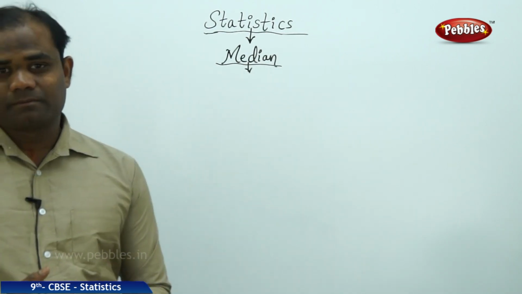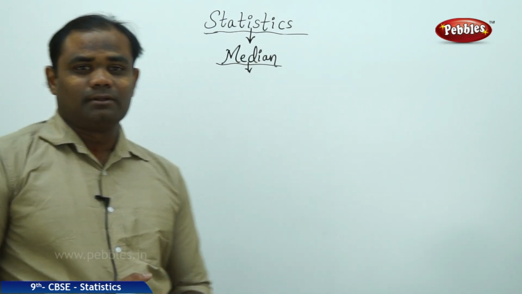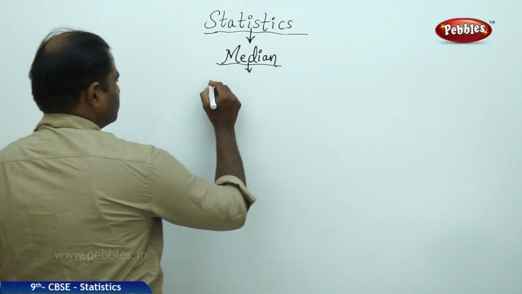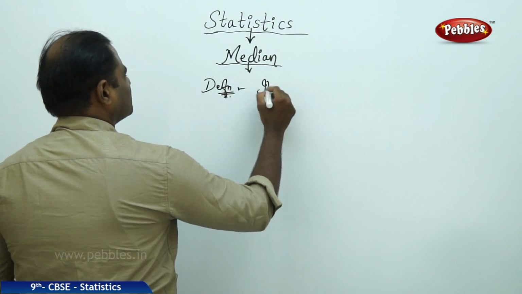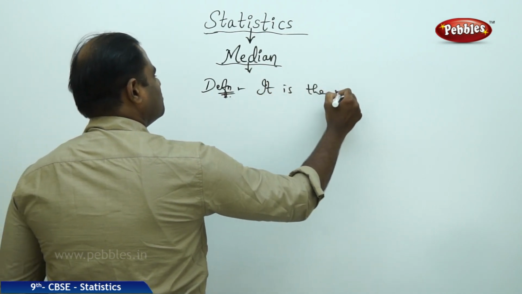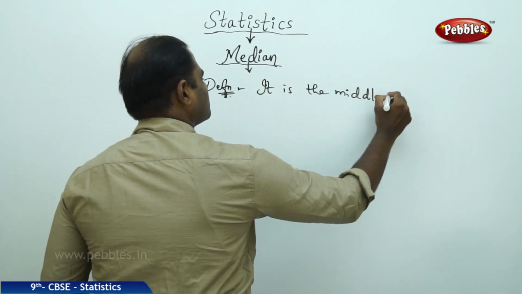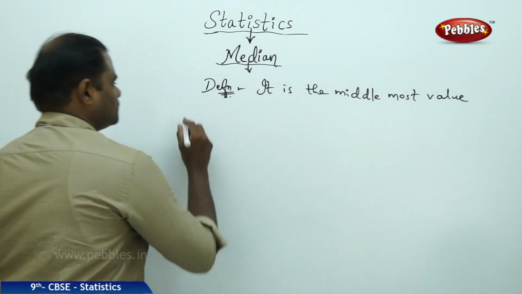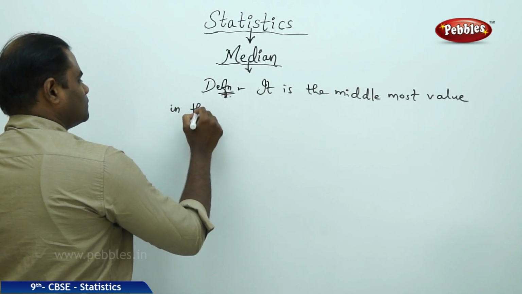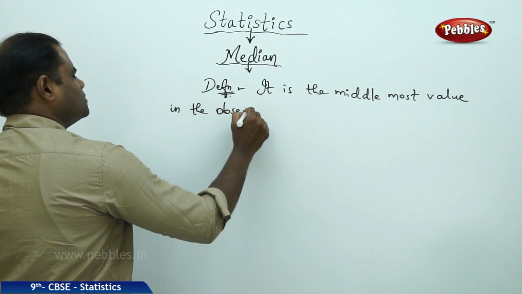What is a median? It is very simple. The simplest definition I can give for median is that it is the middlemost value in the observations.